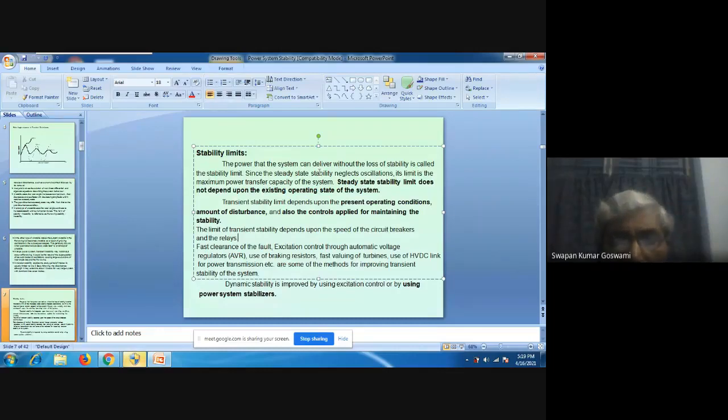Neither the dynamic stability limit nor the transient stability limit has a fixed value, because all these things depend upon the current operating condition, the magnitude of disturbance, and the type of controls you will be applying to restore synchronism, to restore the synchronous speed to the power system. Only the steady state stability limit has a fixed value, and it corresponds to the peak of the power angle curve only.